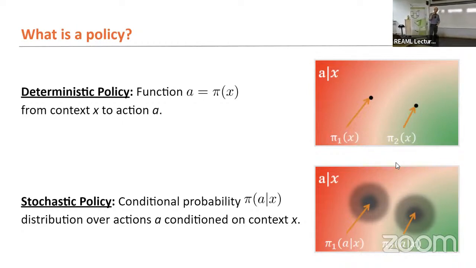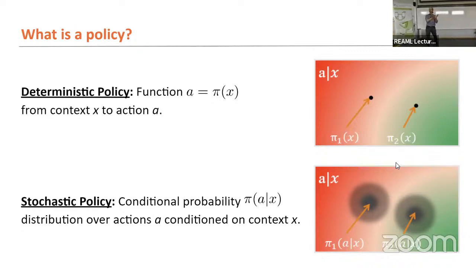Now, we typically don't think about policies as deterministic functions. And it will become clear throughout the tutorial why it's actually much more convenient to think about them in a stochastic way. So instead of having a deterministic function, we have a probability distribution, a conditional one. Given a context X, pick the actions from some distribution.